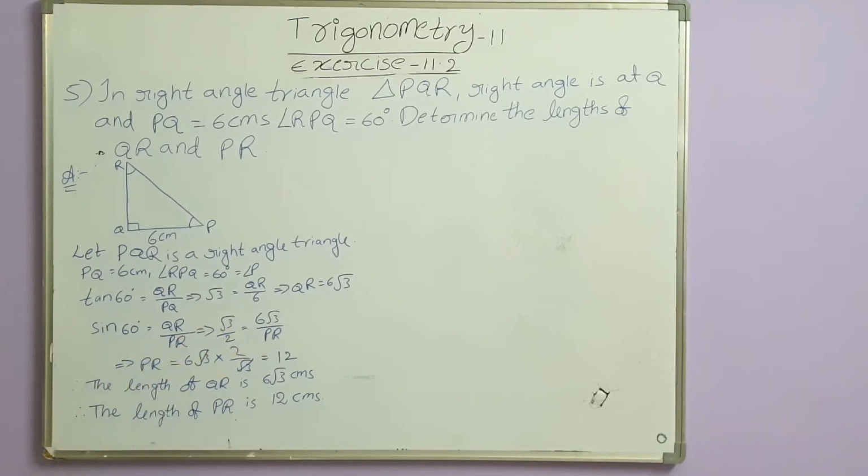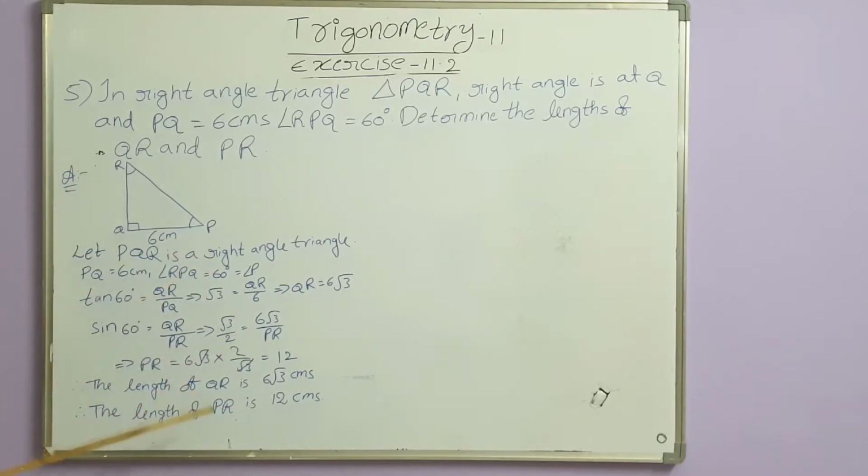PR is equal to 6 root 3 into 2 by root 3, the root 3s cancel, and 6 into 2 is 12. So PR is 12 centimeters.